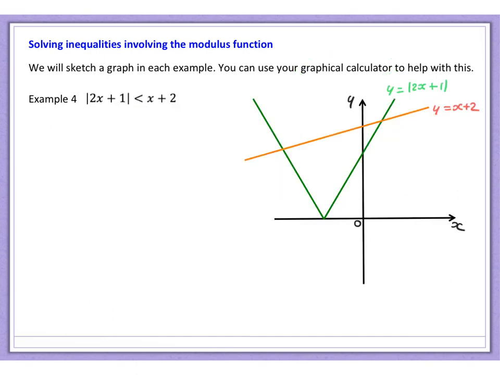For our next example, we've got a slightly harder inequality to solve in that one side of it actually involves x as well, so it's not a single horizontal line drawn on our graph. The graphs have been sketched again already for us. Let's label each wing of the modulus function. So this arm here is y equals 2x plus 1. Look at its positive gradient and its y-intercept, which is also positive at 1.